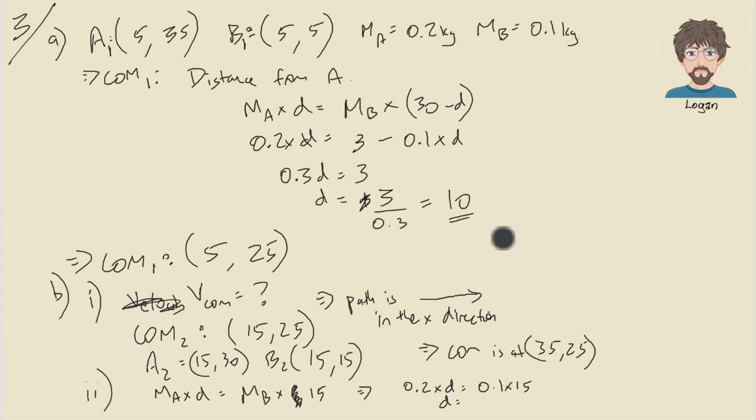7.5. So that's going to be above the centre of mass. So the position for this one is at 35, 32.5 for the position of puck A. Let's check that before we move on.